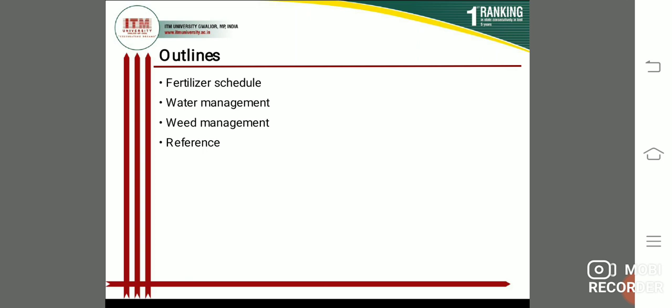Students, as most of the soils are deficient in nitrogen, its addition through fertilizers is essential for realizing optimal yield of pearl millet. A lot of work has been done on nitrogen needs of pearl millet at different locations.